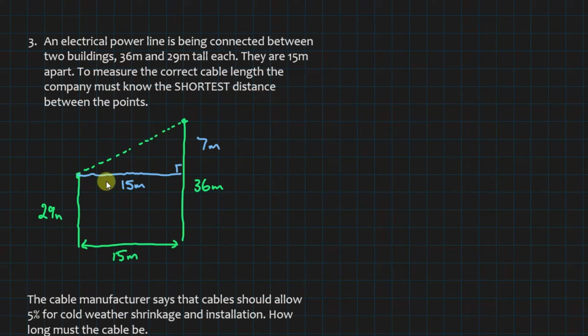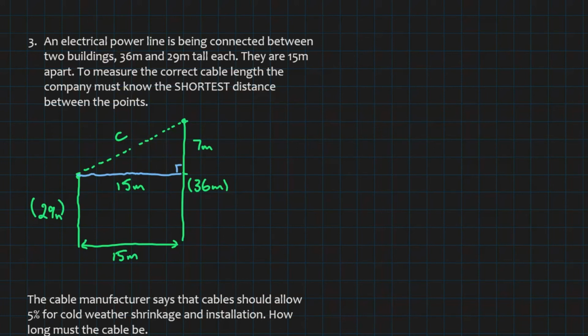So let's label that in because those numbers should be included. I'll just clean those up because you can't read that easily. So we need 15 metres along the bottom, we need 7 metres going up the side, we don't need the 36 and the 29 anymore, and the distance we want is this one, so that's C for cable length.